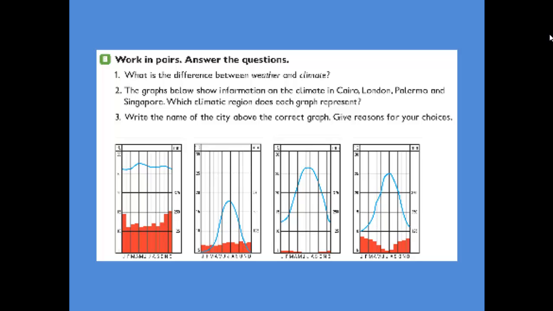Let's answer the first question. What's the difference between weather and climate? If you remember, my students, we have differentiated between climate and weather, and I had mentioned them earlier when I said climate is the average weather conditions of a place or region affected by latitude, oceans, relative continental position.